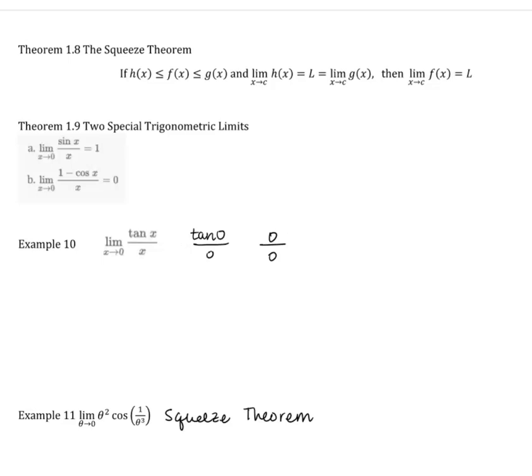So I'm going to try to rewrite this so that I'm able to then evaluate this limit and get an answer. To do that, I'm going to take the limit as x approaches 0, and I'm going to use some trig identities, one in particular. So we have tan x in the numerator right now, and just x in the denominator. I'm going to replace the tan x in the numerator with sine x over cosine x.